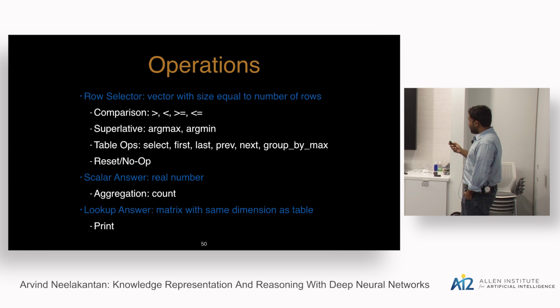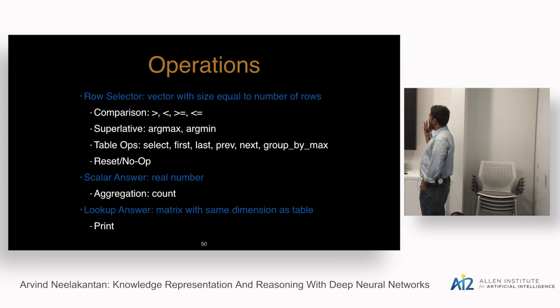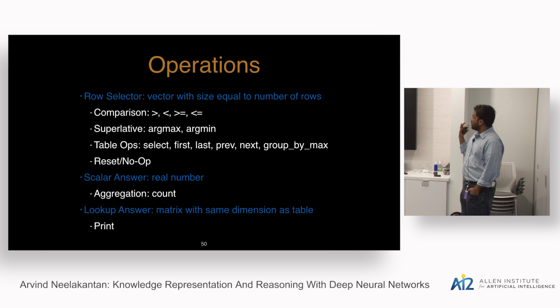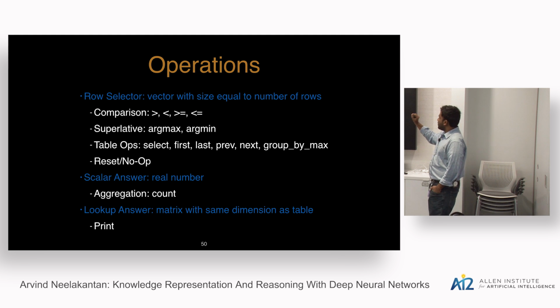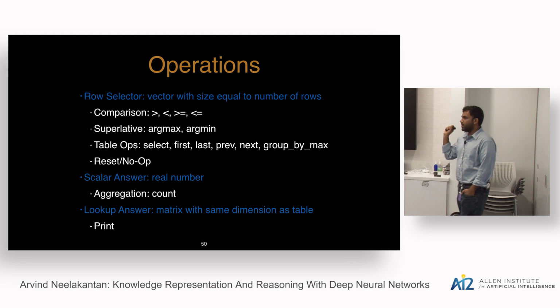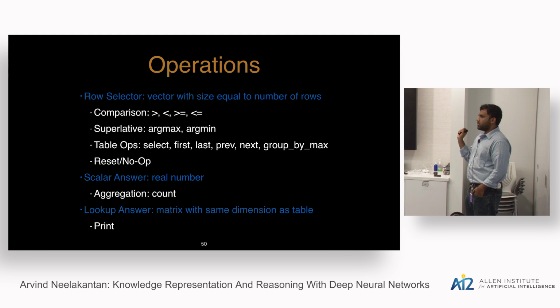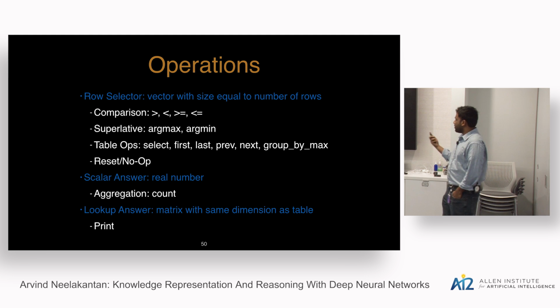So for the wiki tables data set, as I told you before, there were 3 variables. The row selector is a function whose output is of size equal to the number of rows. It basically keeps track of the rows that are active, and these functions will become more clear as I give you examples.